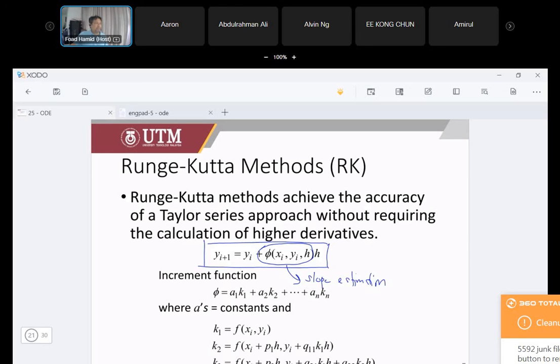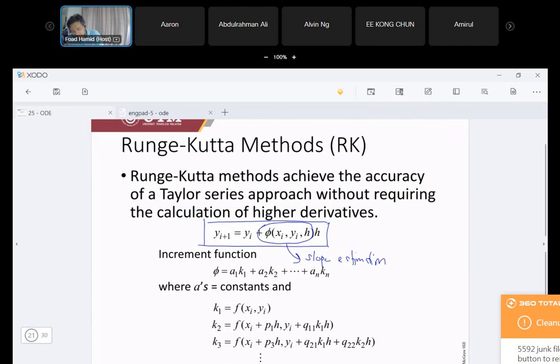This is similar. If you look at this format, this is what we call the RK equation. But if you look at the general equation before this, Euler's method, y i plus f of x i, y i, times h, note that this is the slope, right? So the RK method basically is trying to improve the slope estimation.